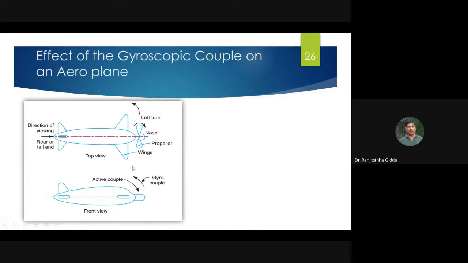Now we are going to draw the vector diagram. So whatever figure D is as follows, you can write figure D as follows. Now this propeller is rotating in clockwise direction.